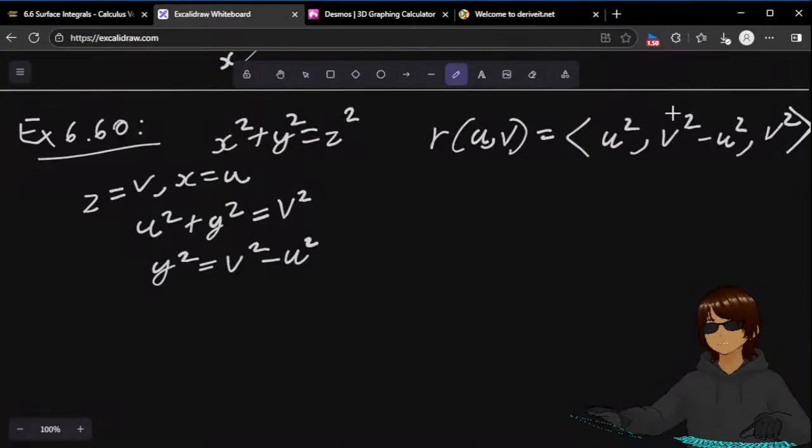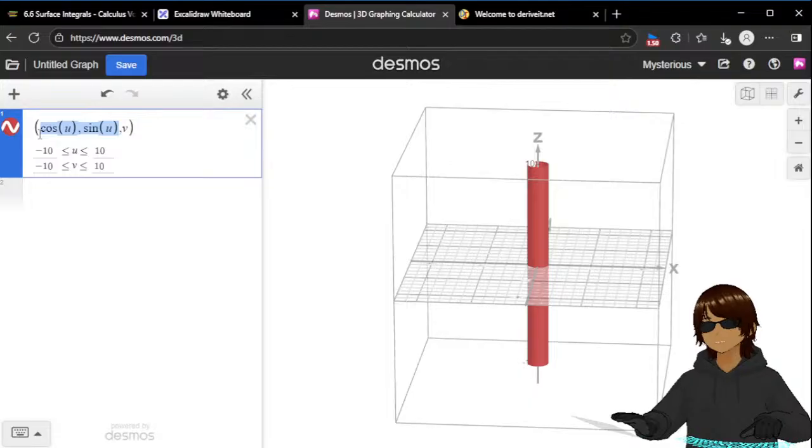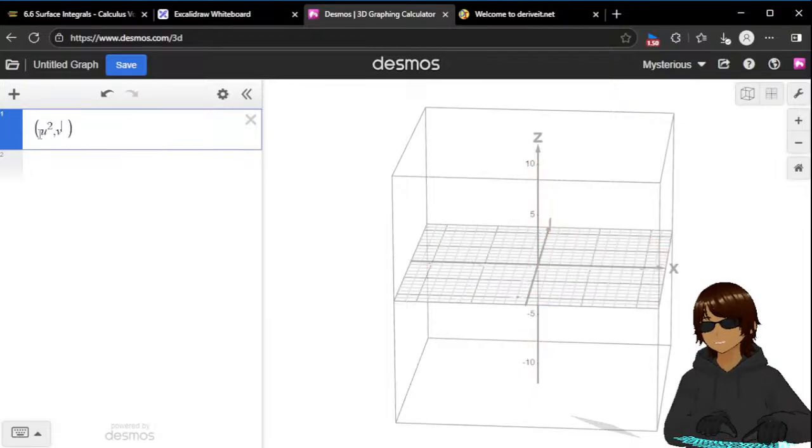What was wrong with my curve? Okay, let's try u squared, v squared, u squared minus v squared.